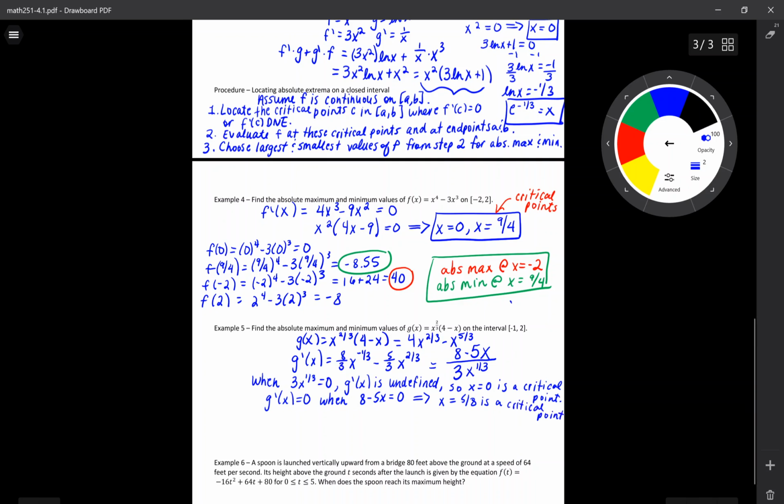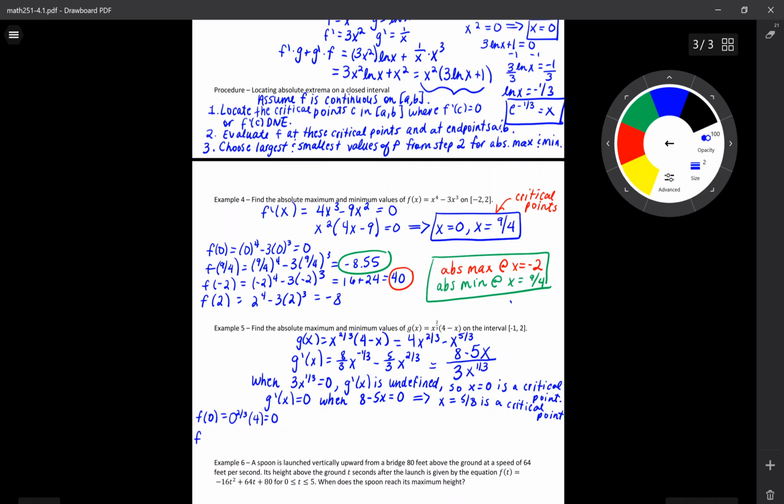So these are my two critical points, and I also have two endpoints here. So next I need to evaluate my function at these 4 points. So f of 0 is equal to 0 to the power of 2/3 times 4, which is just 0.